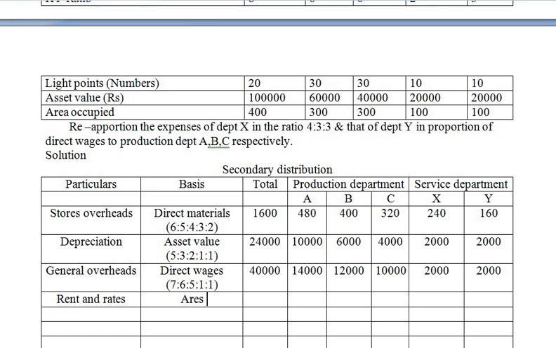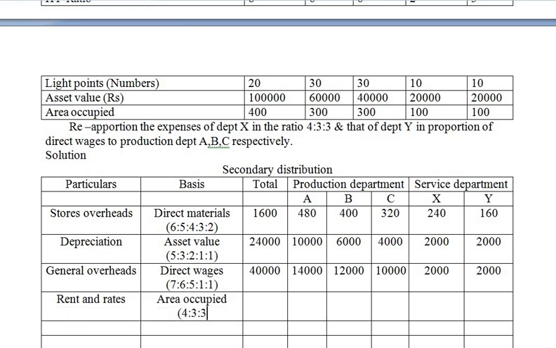So area occupied, find out the ratio again: 4 is to 3 is to 3 is to 1 is to 1. Okay, and the total amount is 2,400. Now distribute it to all the departments.